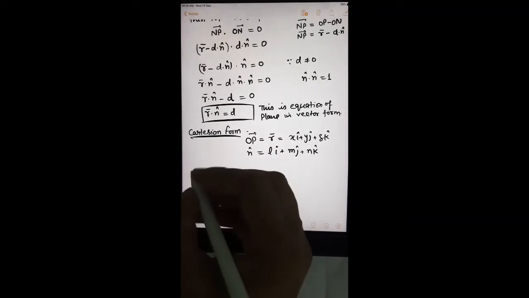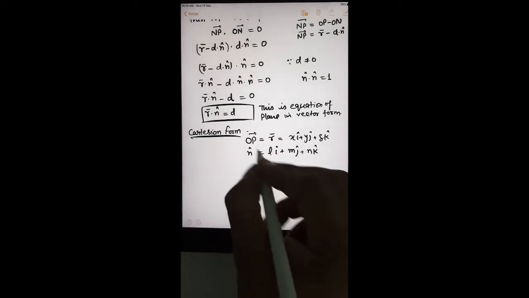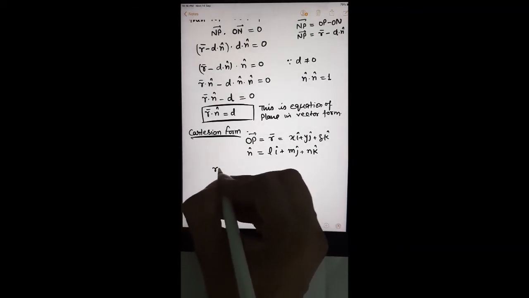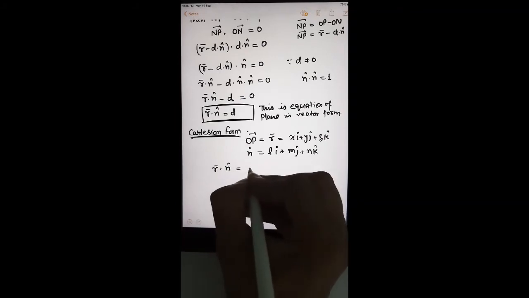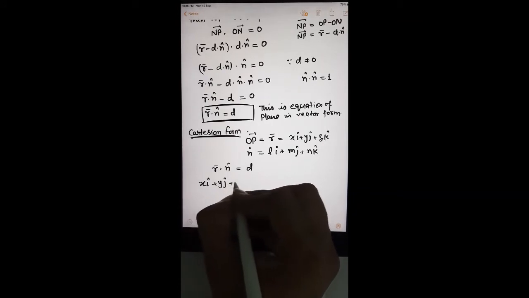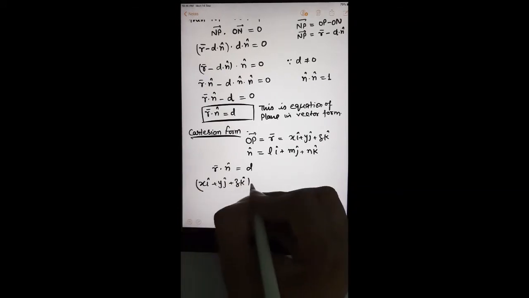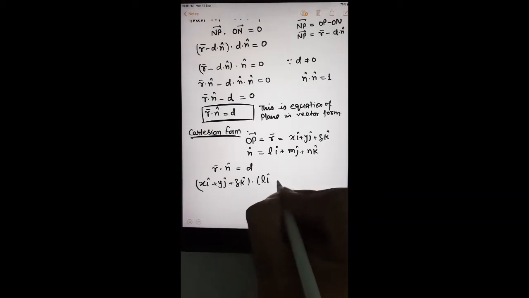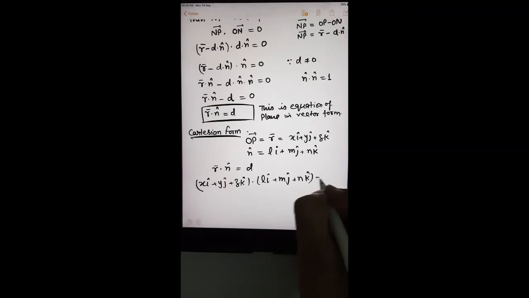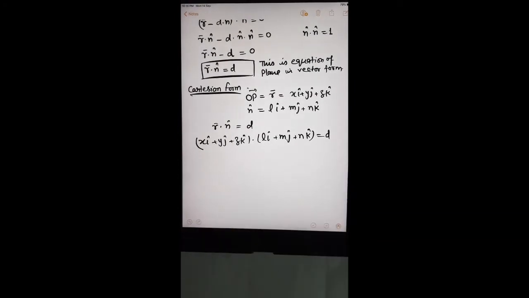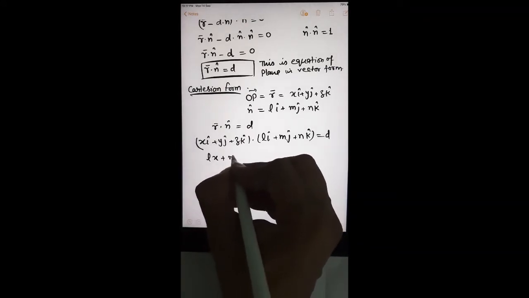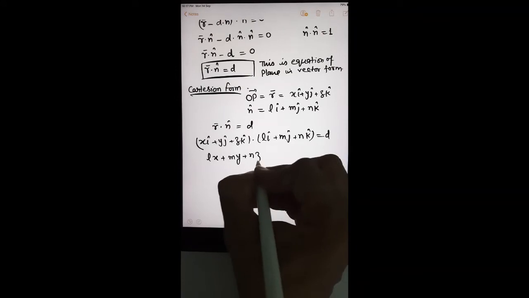So if we put the values of these vectors in the vector form, R dot n is equal to D, then we get xi plus yj plus zk dot li plus mj plus nk is equal to D. So after taking the dot product, we will get lx plus my plus nz equals D.